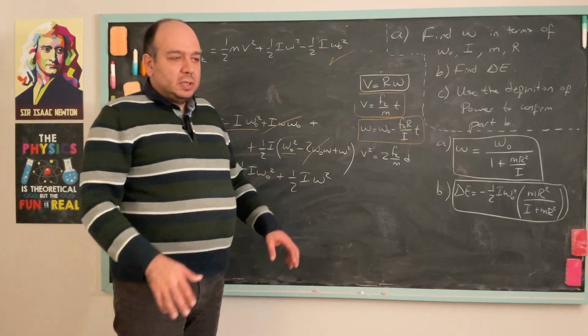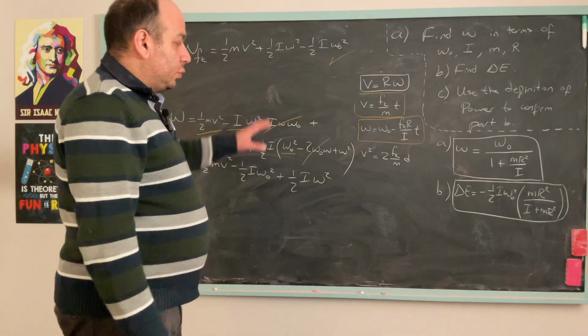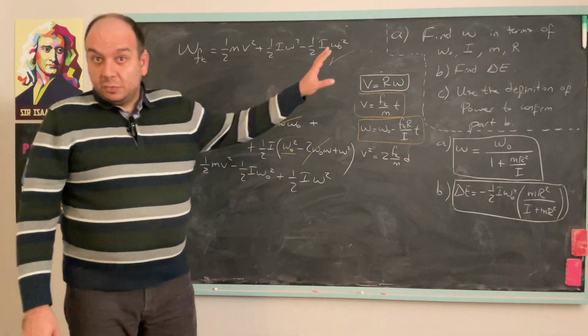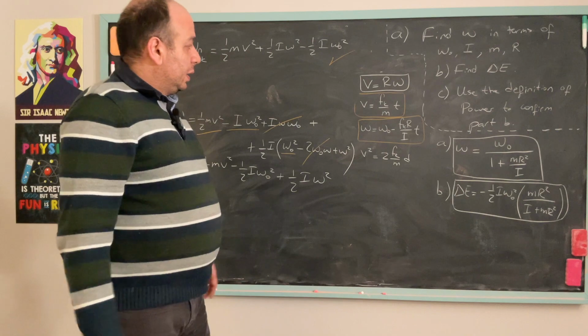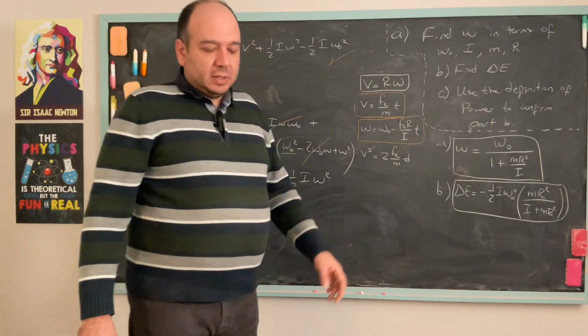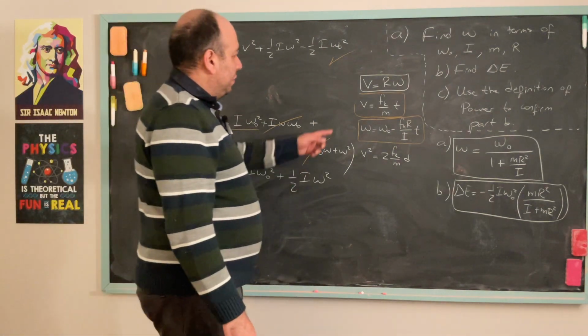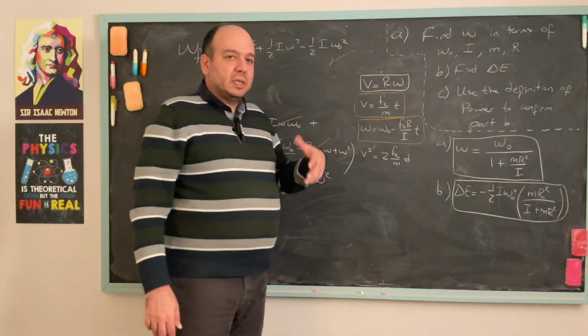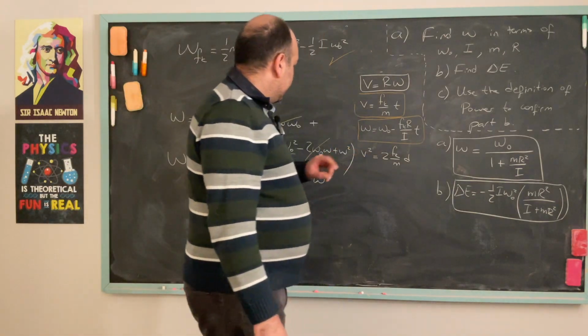If there is rolling motion with slipping, you simply write down the torque equation and the F equals ma equation, and you treat them separately. And when the motion starts rolling without slipping, you can always use v equals R times omega or a equals R times alpha. So we also showed that.